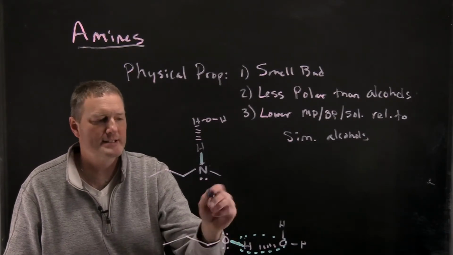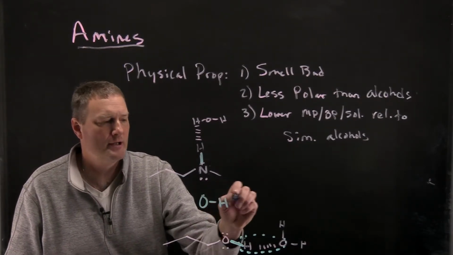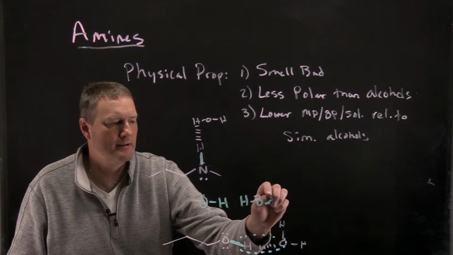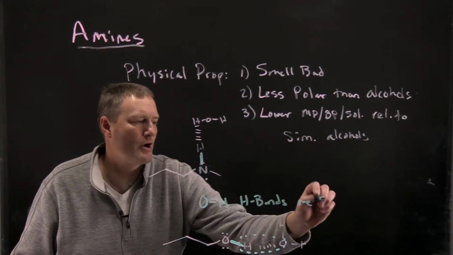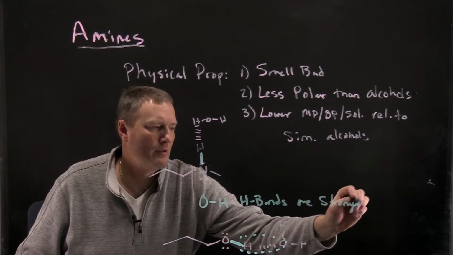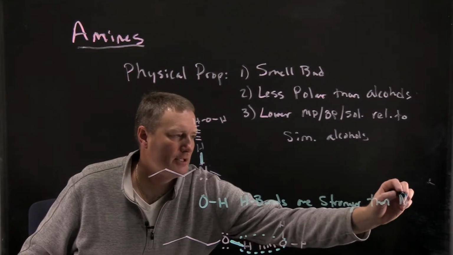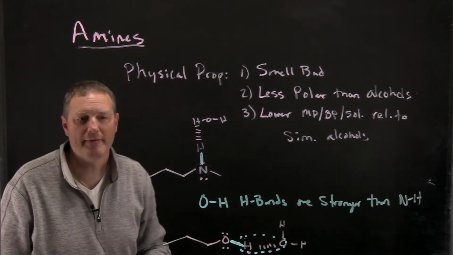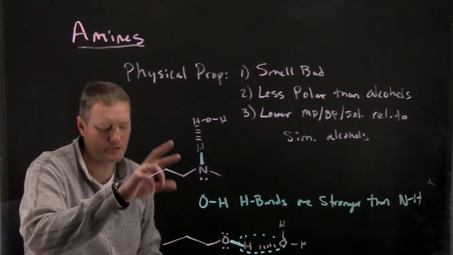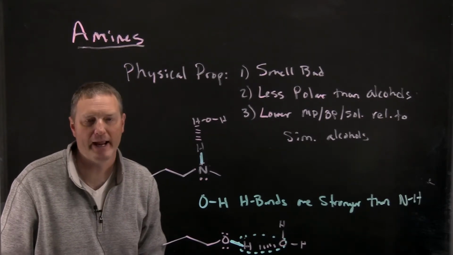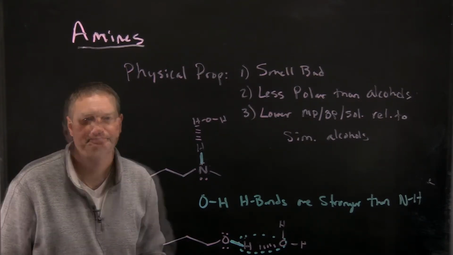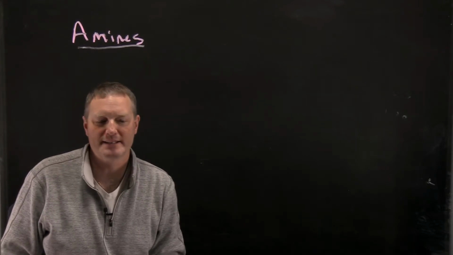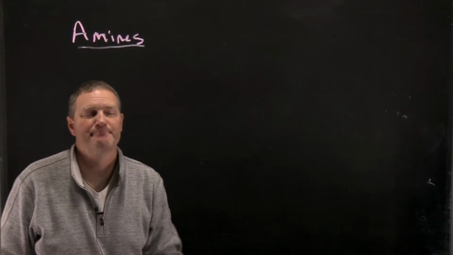So in general, we can say that OH hydrogen bonds are stronger than NH hydrogen bonds. And again, that just goes back to the fact that nitrogen is a little bit less electronegative than oxygen.